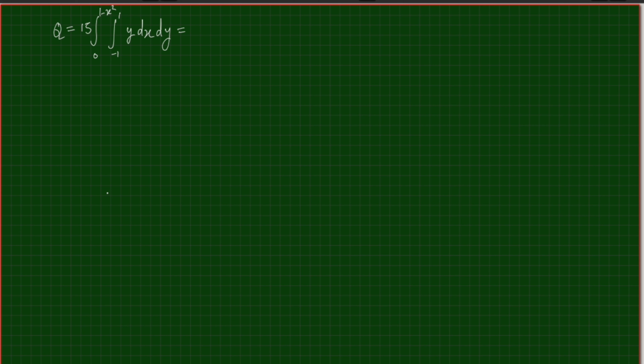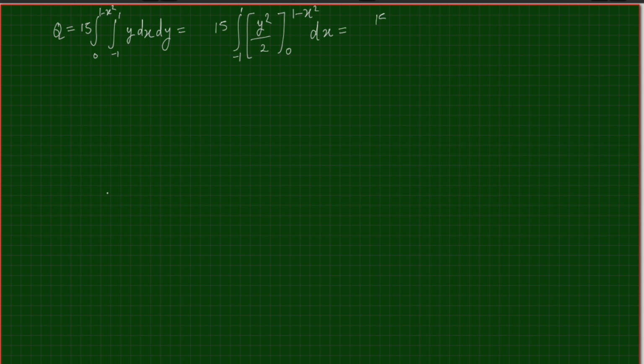So integrating with respect to y first, this will be 15, integral from minus 1 to 1, and y square divided by 2, limit from 0 to 1 minus x square, dx.